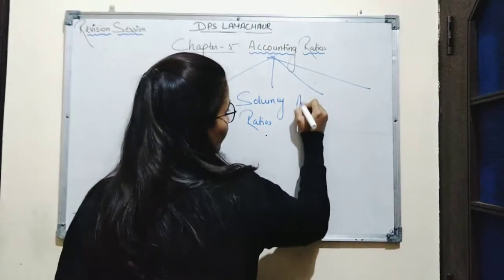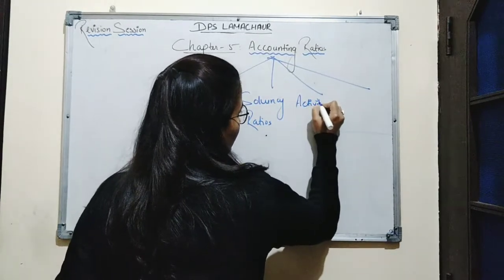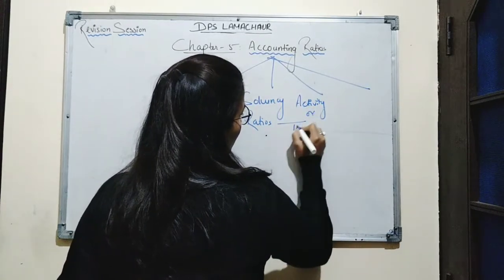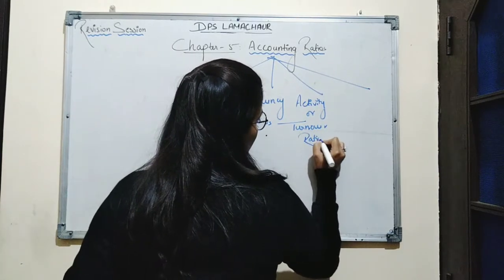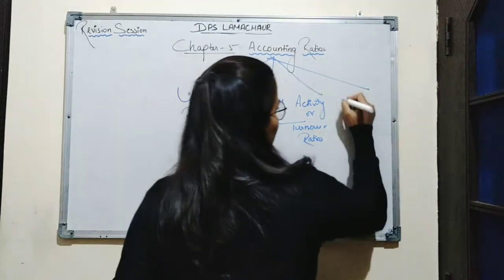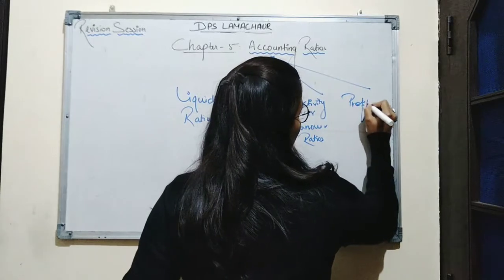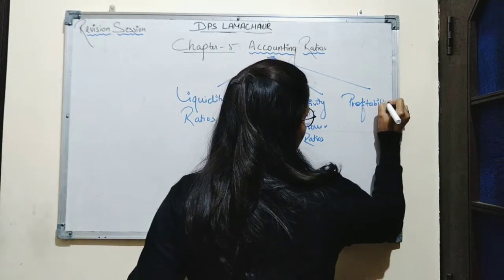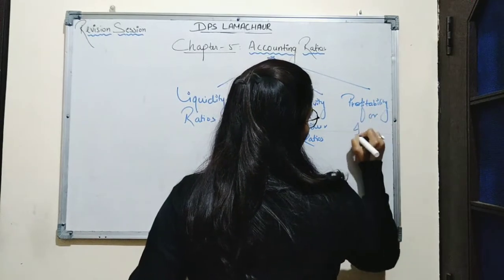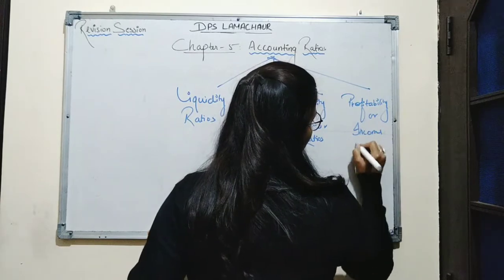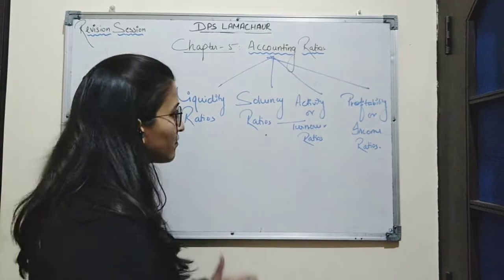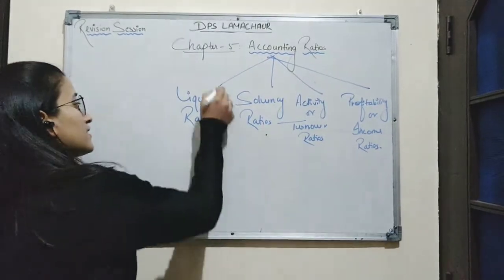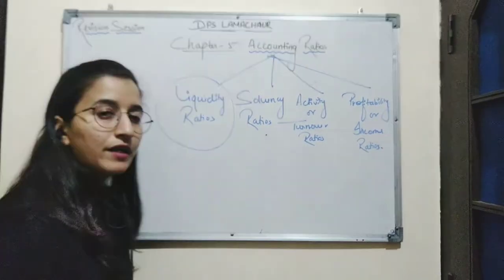Third is activity or turnover ratios, and last is profitability or income ratios.